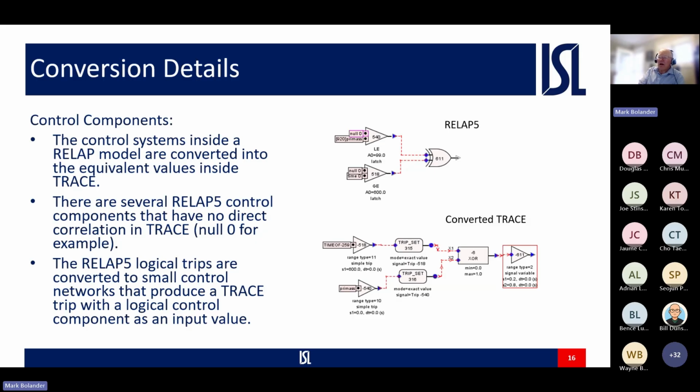The RELAP5 logical trips are converted into small control networks that produce a TRACE trip with a control component as an input value. TRACE doesn't have any trips that are logical trips like they are in RELAP5. So these show how a RELAP5 logic trip is converted into the TRACE logical trip.